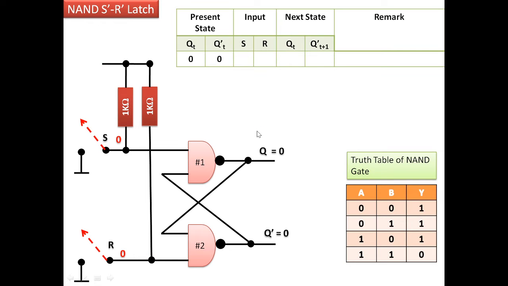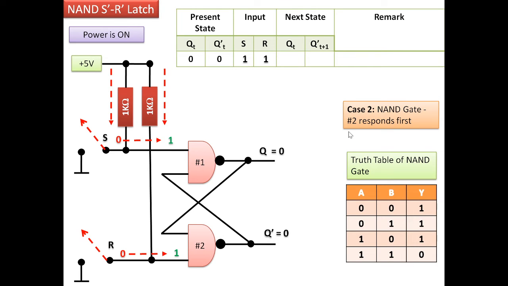There is another situation which is possible, that is if NAND gate 2 responds earlier than NAND gate 1. The input of NAND gate 2 is presently having 1 and previously it was having 0.